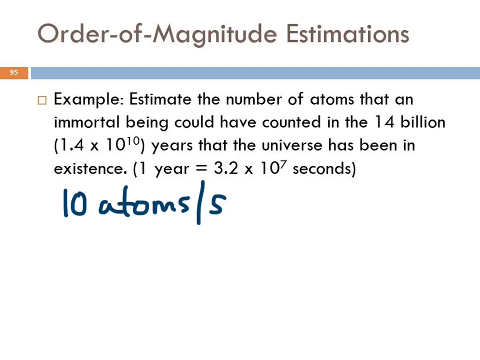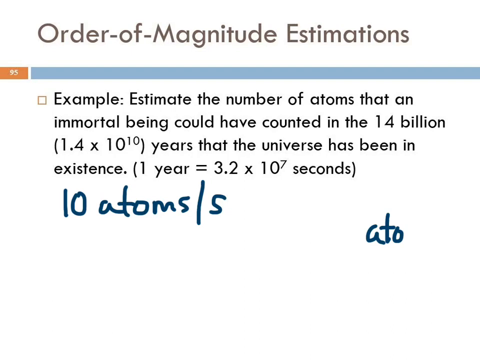So we've got 14 billion years. We've got 1 year is equal to this many seconds, and we've got 10 atoms per second. What are we trying to find? What's the question? Estimate number of atoms.